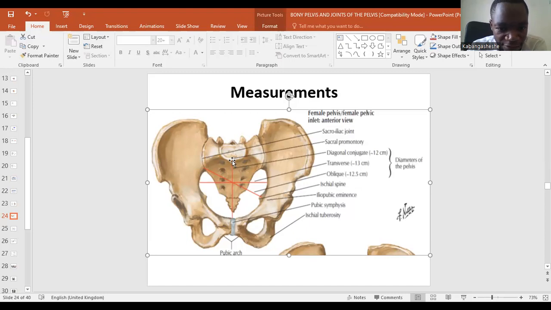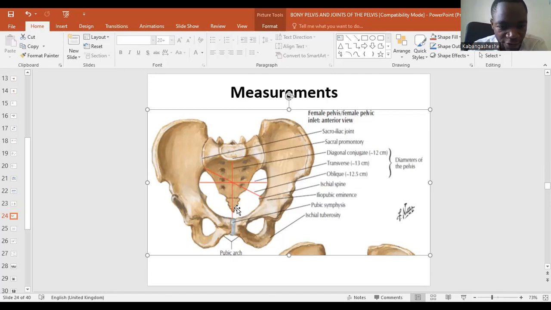So that is 12 centimeters from here to there. Then we have the transverse diameter. The transverse diameter measures from left to right. The diagonal or true conjugate measures anterior and posterior, but the transverse diameter measures left to right. The transverse diameter measures about 13 centimeters, so it is wider than the conjugate diameter.